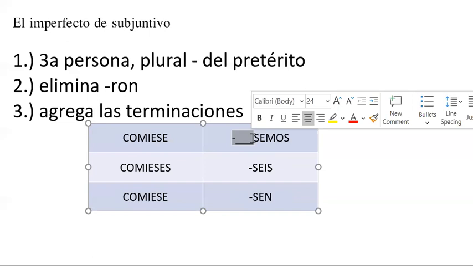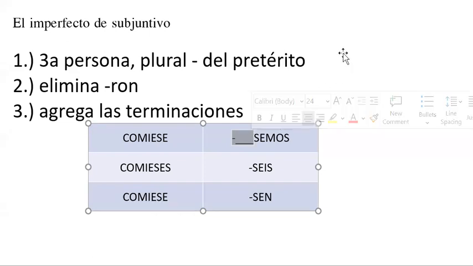You don't usually hear it in the present indicative because it's clearly the yo form when I say como and hablo versus habla and come. But here, comiese yo, comiese ella. Hablara yo, hablara usted. So we will tend to hear yo a little bit more often actually stated.